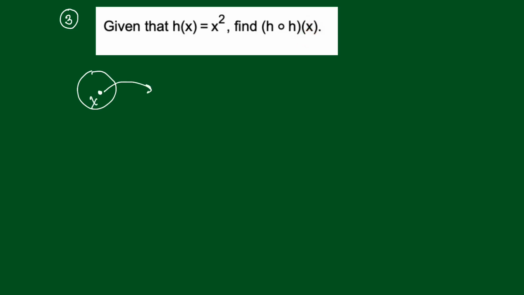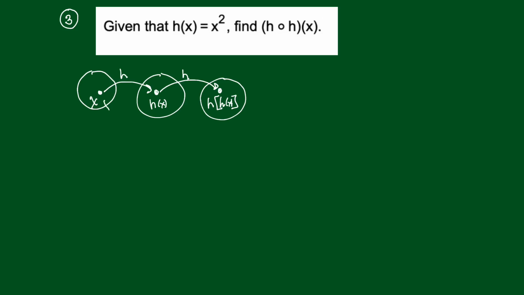We're going to put that number in, and out we're going to get h of x. We don't know what that value is, but we're going to call it h of x. And then whatever that is, we're going to put it in again. So I'm going to process it with h, and then with h again.